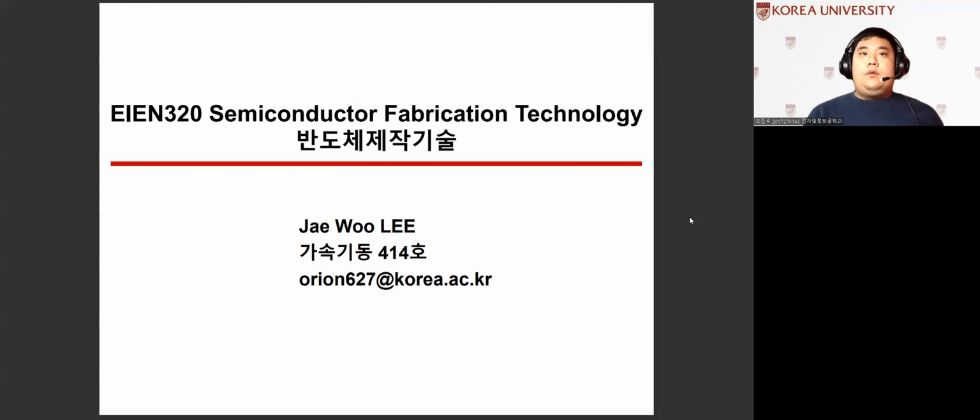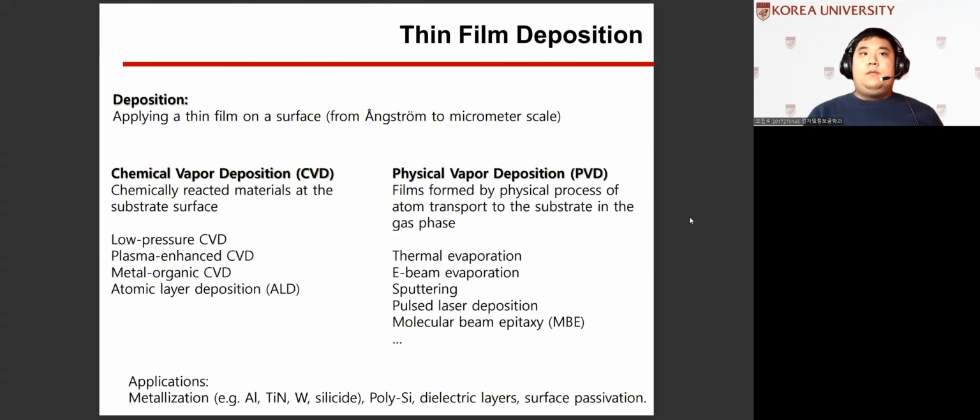Hi, today we are going to discuss thin film deposition. Deposition is to grow some material on the silicon substrate. We use two kinds of deposition process. First, we can use chemical vapor deposition system. We use chemical reaction for deposition.